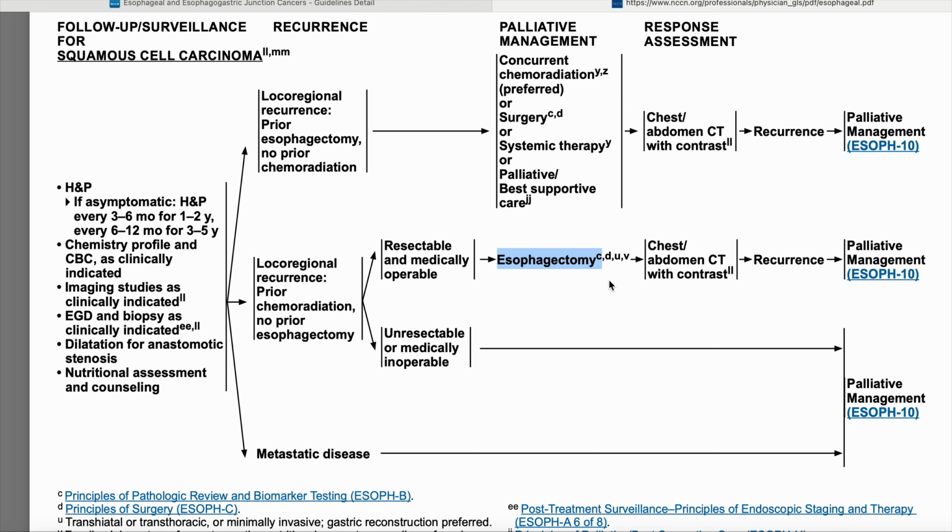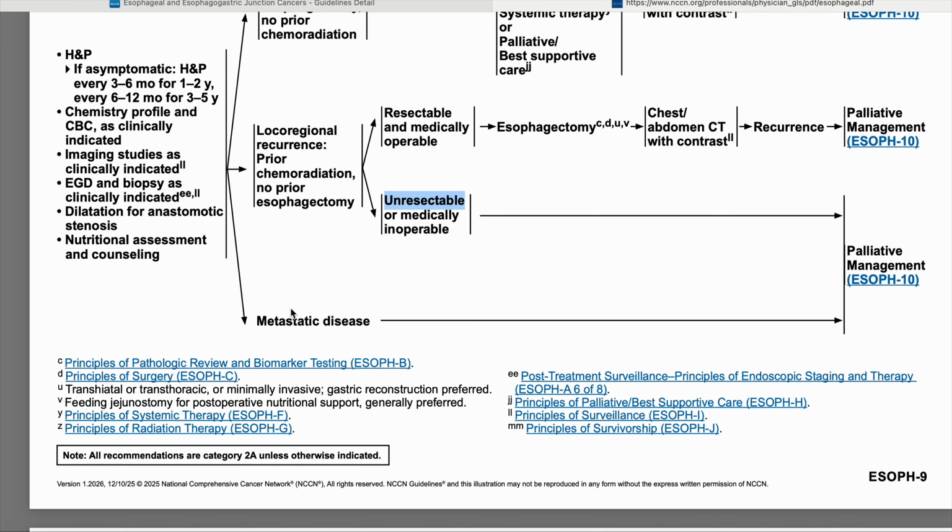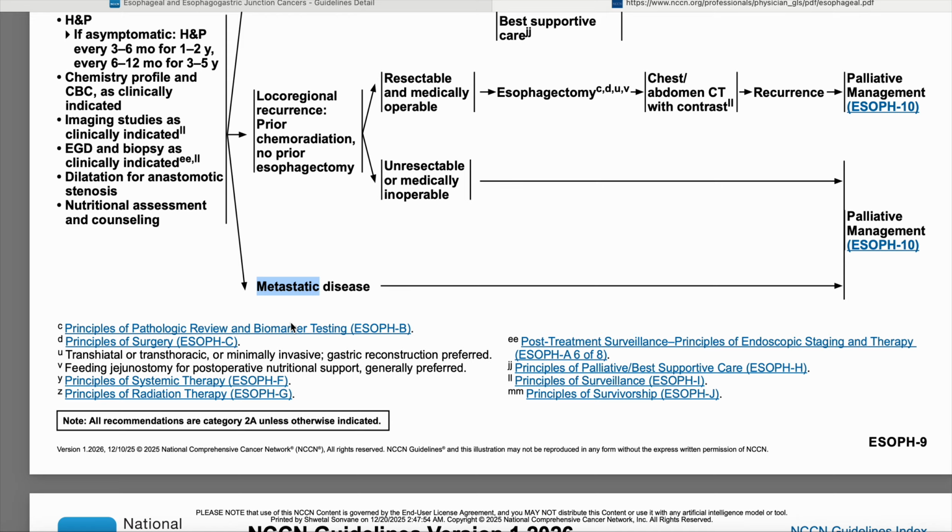Then we'll keep this patient on follow-up with chest abdomen CT with contrast, and if there is any evidence of recurrence, we'll keep this patient under palliation. And if it is unresectable disease, then palliation is the management. In case of metastatic disease, we'll keep this patient for palliation.